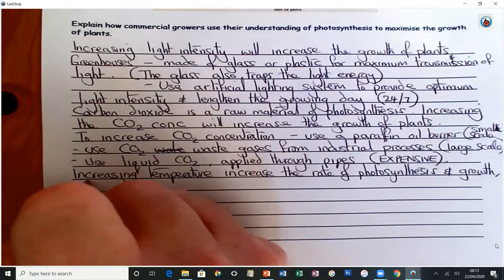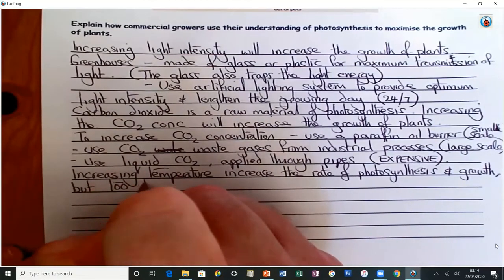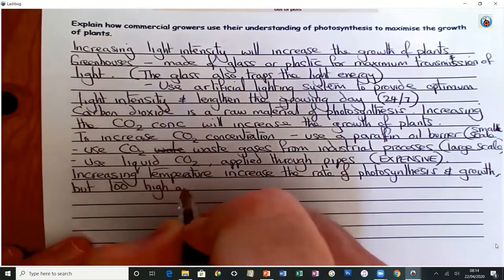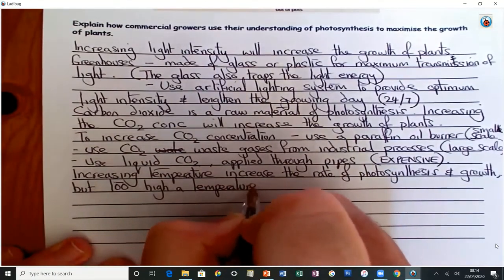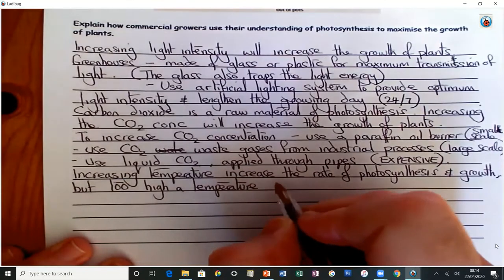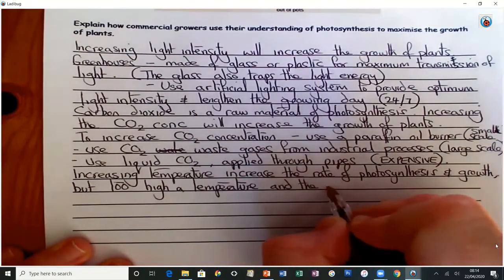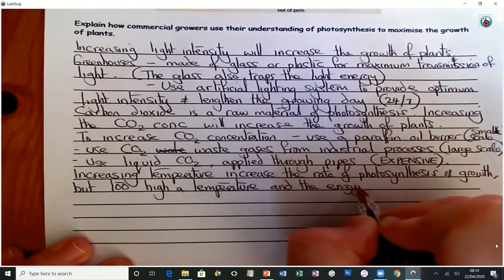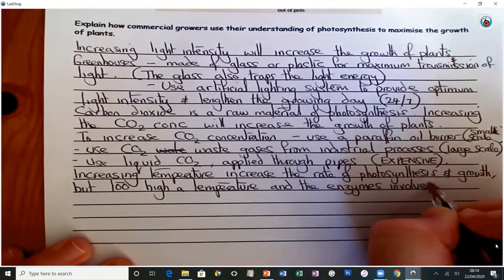But too high temperature and the enzymes involved will denature.